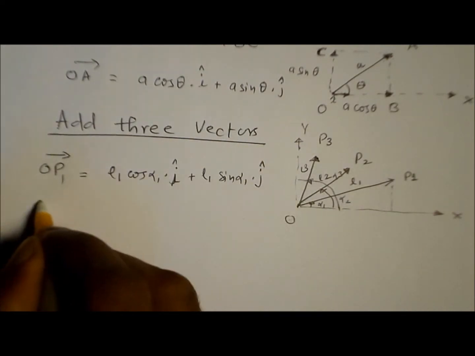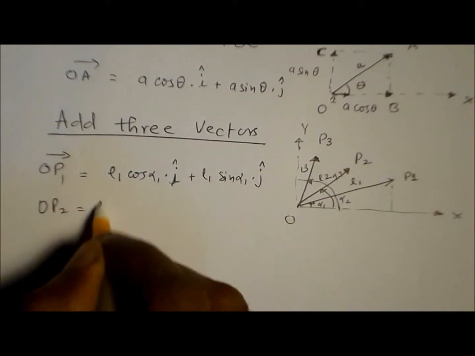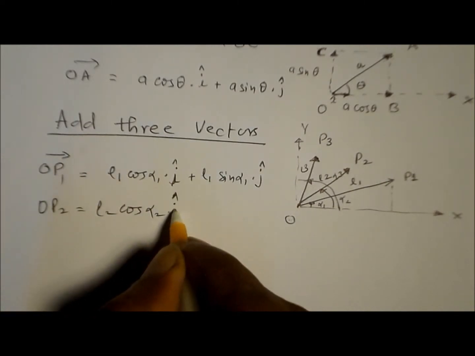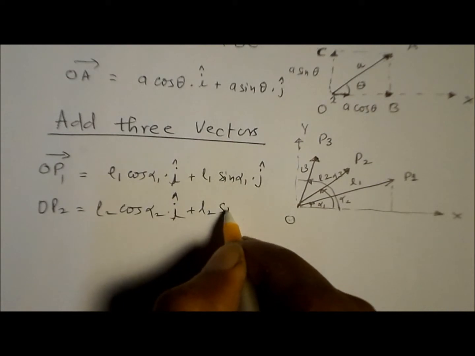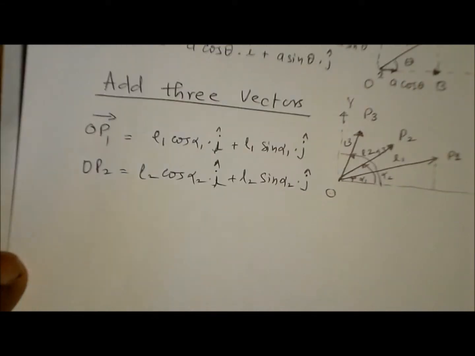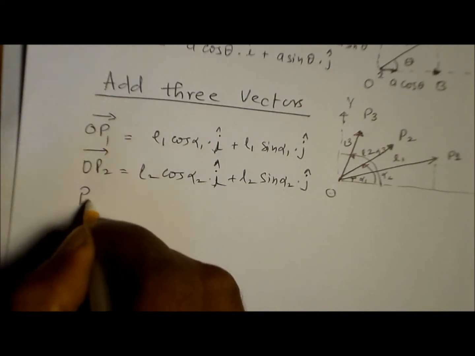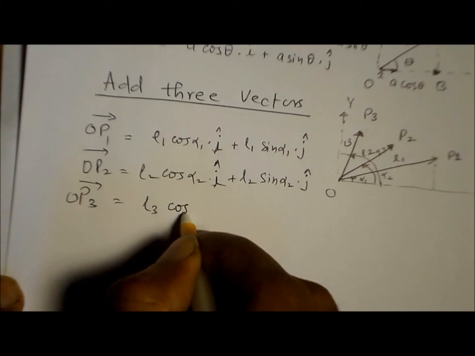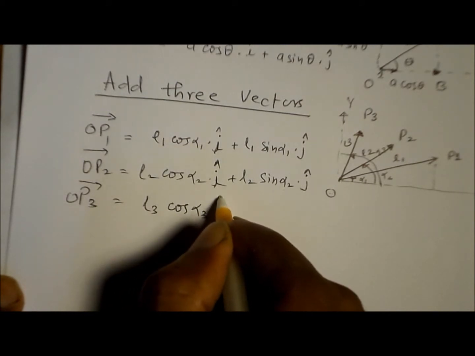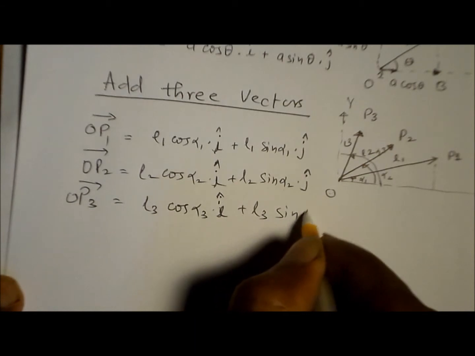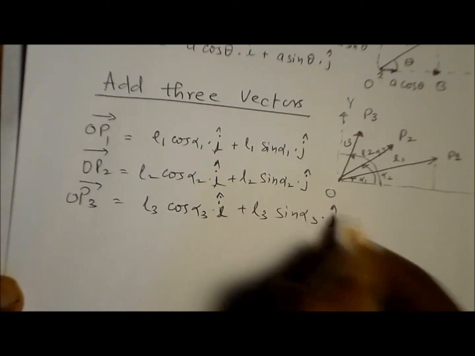Similarly, OP2 is L2 cos alpha 2 times i vector plus L2 sin alpha 2 times j vector, which is again a unit vector. OP3 vector is L3 cos alpha 3 into i vector plus L3 sin alpha 3 multiplied by j vector.